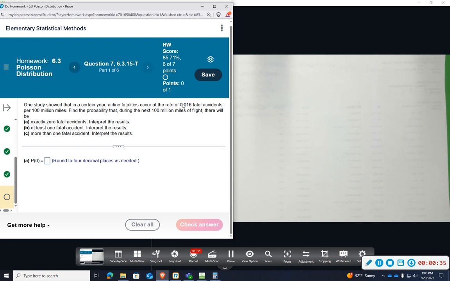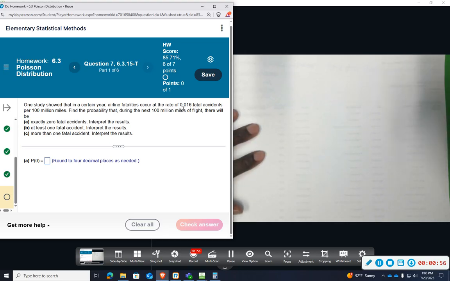So we get 0.016 per every 100 million miles. And so that means one interval is 100 million miles, and we're going to find the probability that during the next 100 million miles, so again, that's 1 unit. So this number they give us is our average.